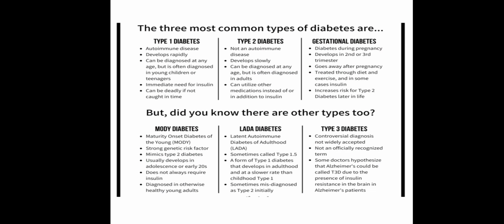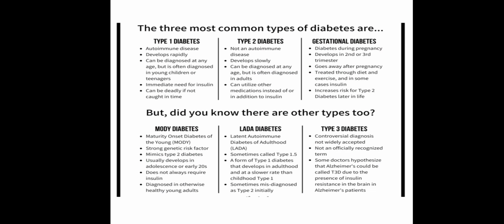So once again I'm explaining this here. Pre-diabetes is a stage before type 2 diabetes. Your blood glucose levels are higher than normal but not high enough to be officially diagnosed with type 2 diabetes. Okay, this is the pre-diabetic condition.